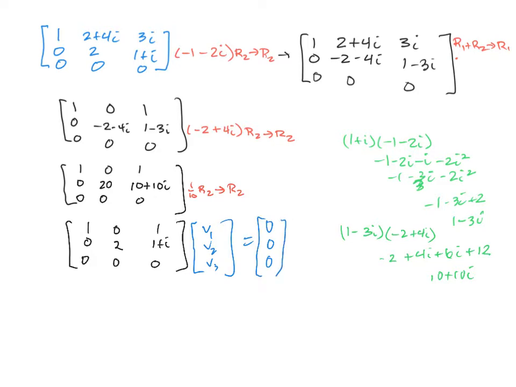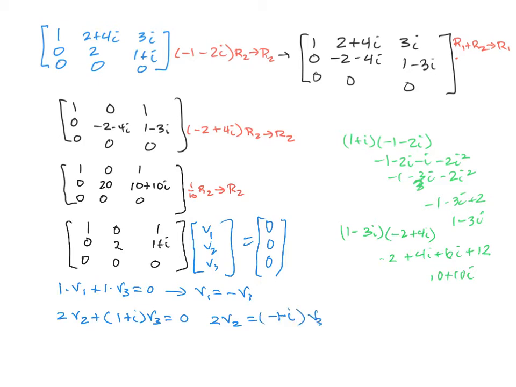The first equation tells us that 1v1 plus 1v3 is equal to 0, so v1 equals the opposite of v3. The second row is a little bit more complicated. It says that 2v2 plus the number 1 plus i times v3 is equal to 0. So 2v2 equals -1 minus i times v3.